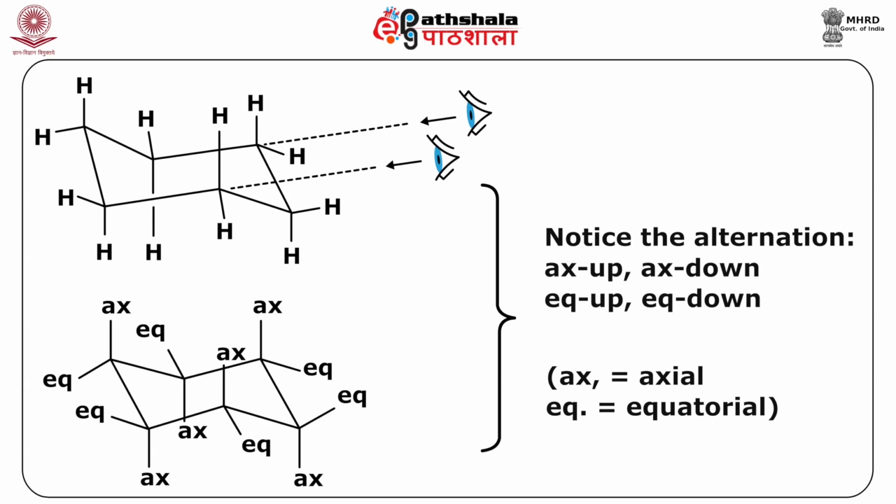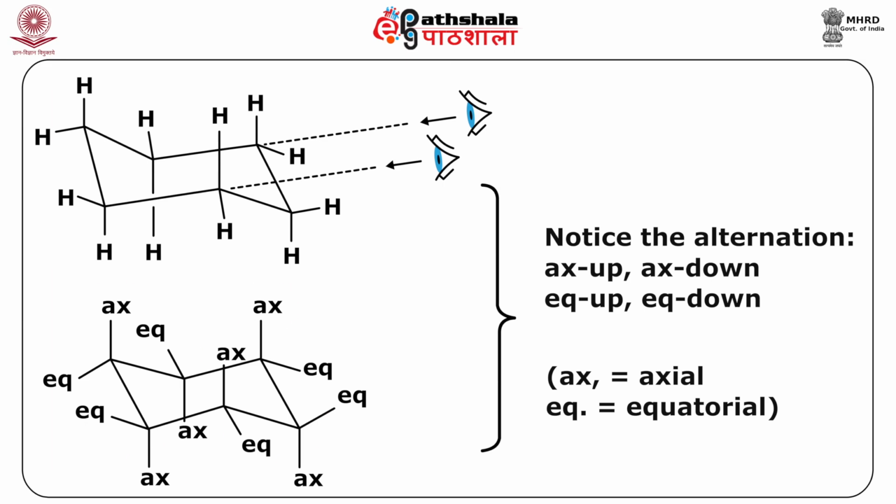There are 2 types of CH bonds in cyclohexane. The vertical bonds, which are parallel to the axis, are called axial bonds, and the near horizontal bonds radiating away from the equator are called equatorial bonds, and they slant up or down alternately, as shown in the figure.